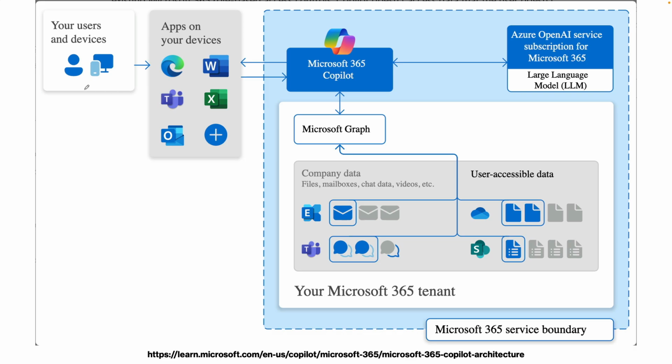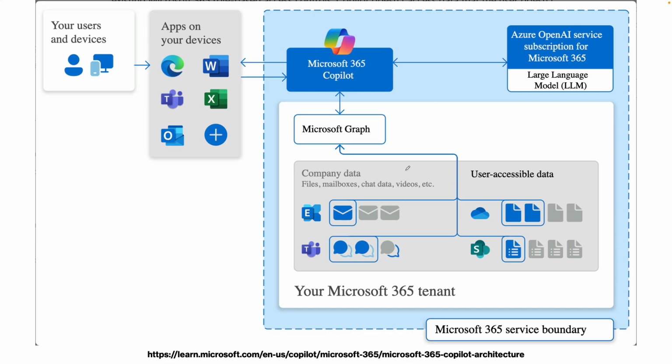So once a user, let's say, enters a prompt into the Copilot application running inside one of these apps, what really happens? The thing to keep in mind is that Copilot can only access the data that an individual user is authorized to access based on, for example, the existing M365 role based access controls.